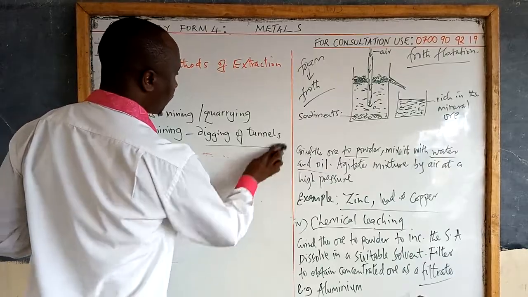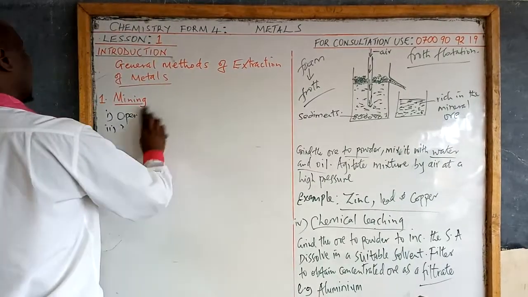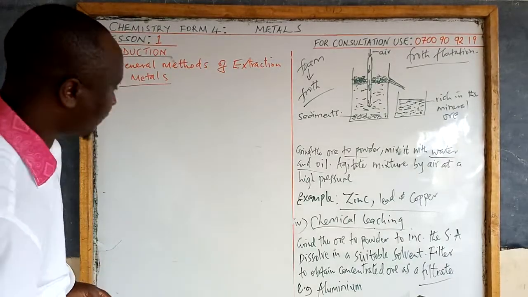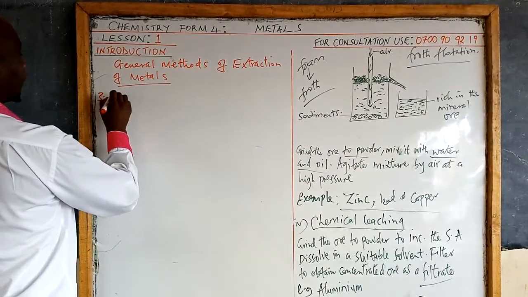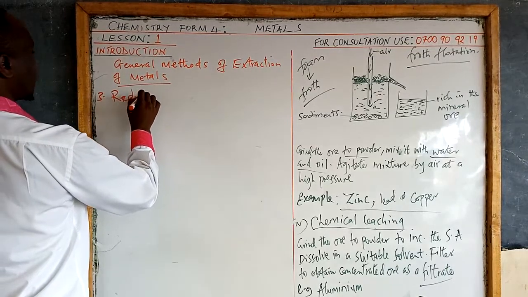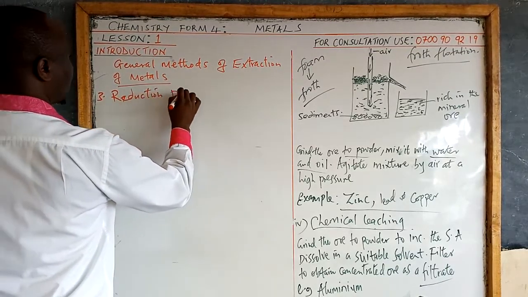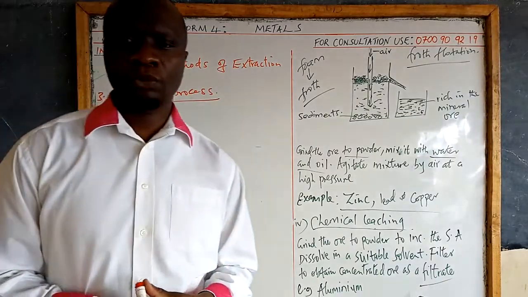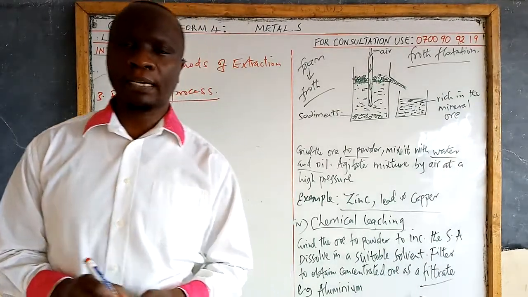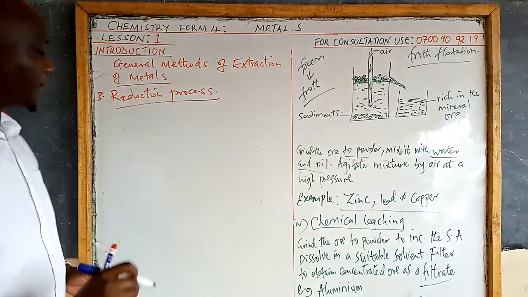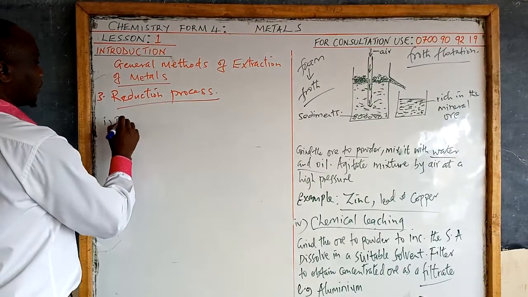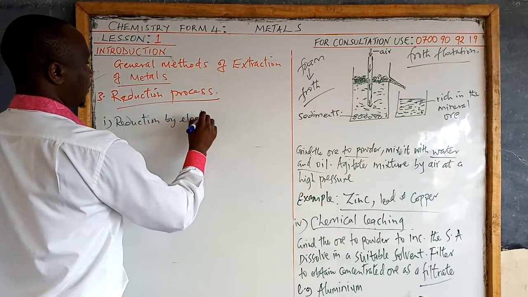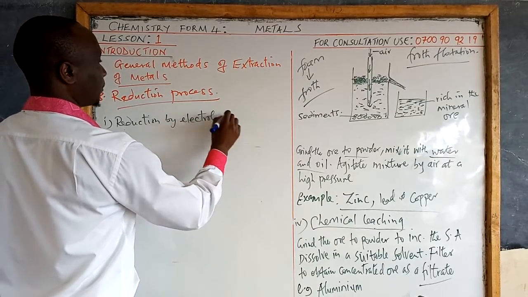After the ore has been concentrated, the next step is the reduction process. Now, under the reduction process, we have two ways in which reduction is done. We can have reduction by electrolysis.